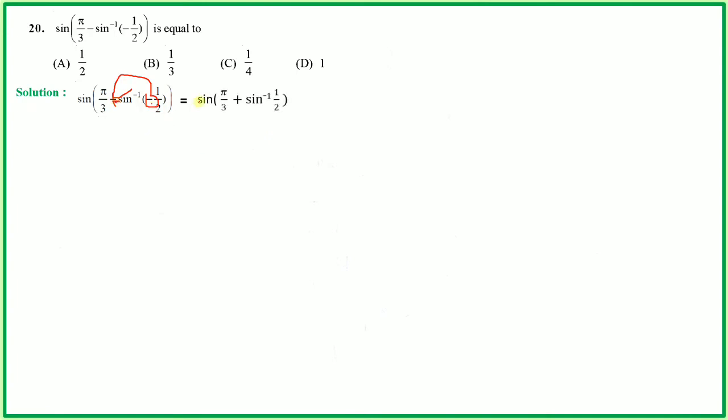So that is equal to sin of pi by 3 plus sin inverse 1 by 2. Sin will give this value at 30, so sin inverse sin pi by 6. Since pi by 6 belongs to the first quadrant, sin inverse and sin will be removed.